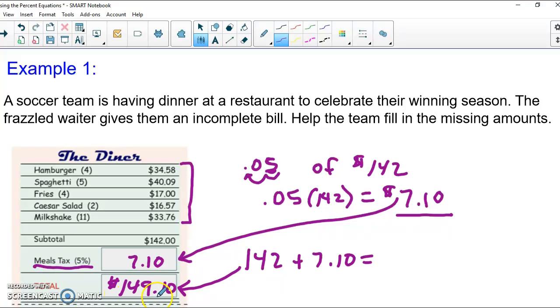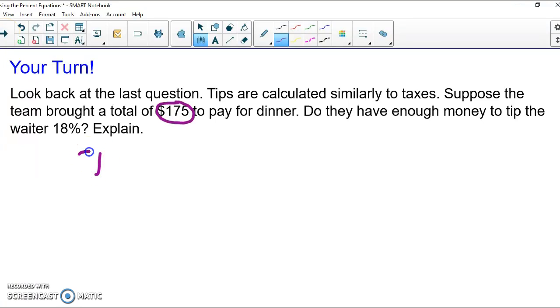So our total was $149.10. That was my bill for the food and the tax. But I want to know if I have enough money to pay for dinner. So if I only have $175, we need to calculate what is 18% of my total here.